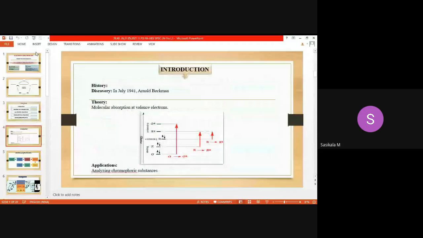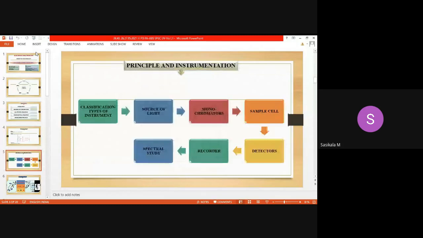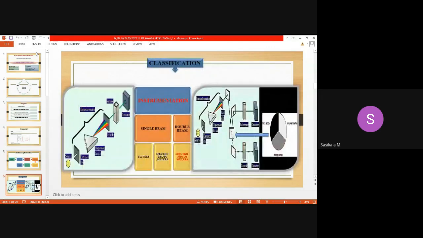Then we discussed the introduction, where we have seen history, theory, and applications of UV visible spectroscopy. In principle and instrumentation, we have seen the subtitles and the schematic representation of the instrumentation of spectrophotometer. Then we have seen the classification of instrumentation, that is single beam and double beam instrumentation.